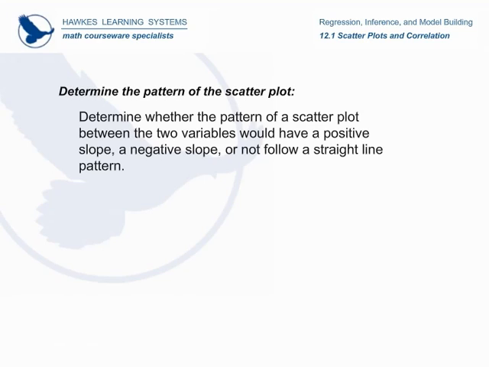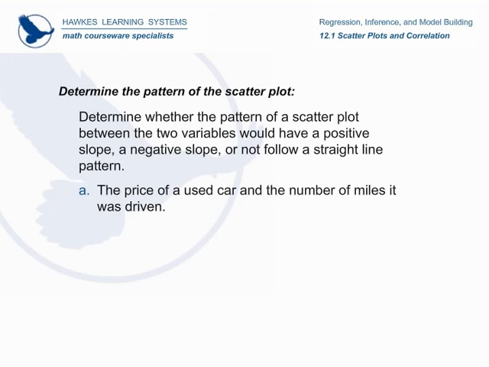So let's determine the pattern of this scatter plot. To do that, we want to determine whether the pattern of a scatter plot between the two variables would have a positive slope or a negative slope, or not follow a straight line pattern at all. A, the price of a used car and the number of miles it was driven.